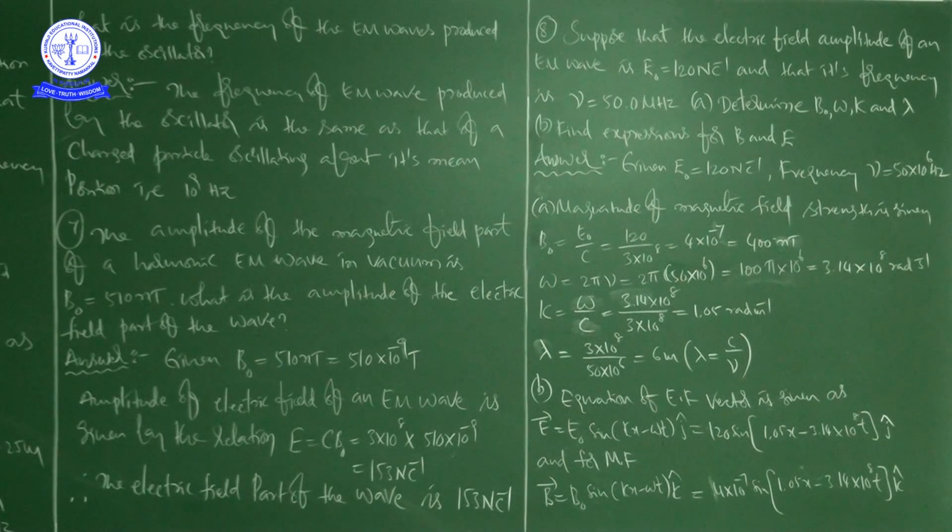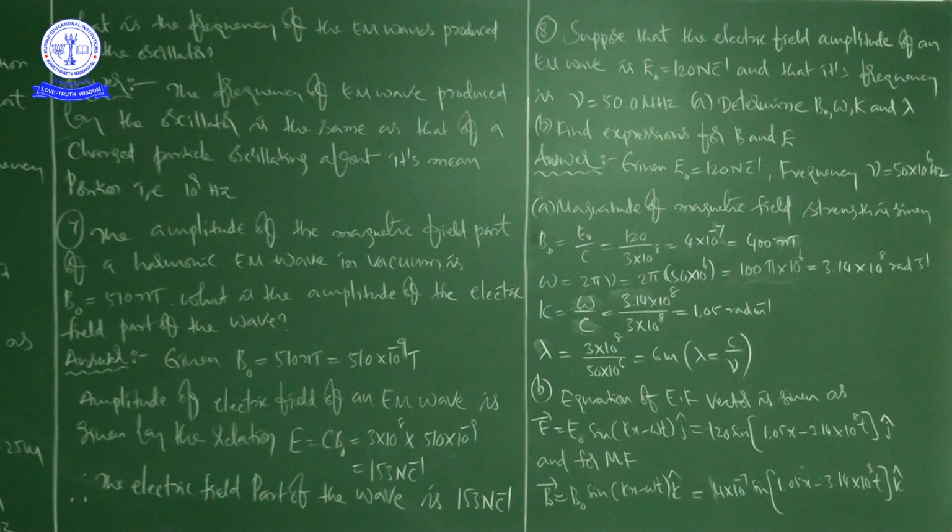Okay, right. Now, the equation of the electric field vector is given as E bar is equal to E naught into sine (kx minus omega t) into j cap. Just now I told you, the electric field vector is along the positive y direction. To represent it in vector form, I put j cap.